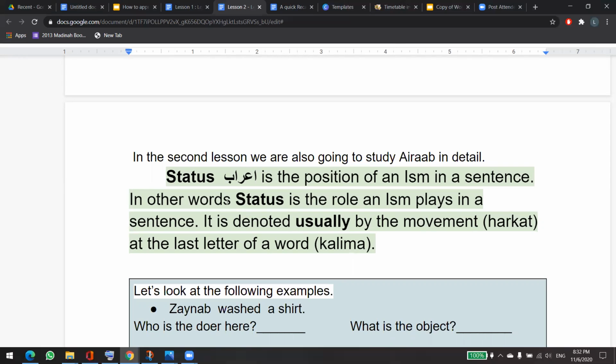Status is usually denoted by the movement or harakah at the last letter of a word. When I say last letter of a word, it means, let me show you.